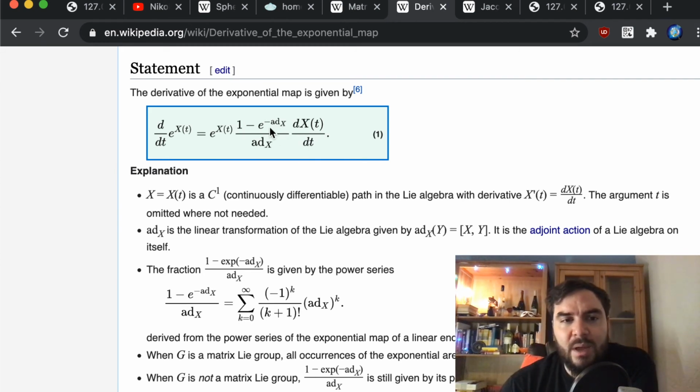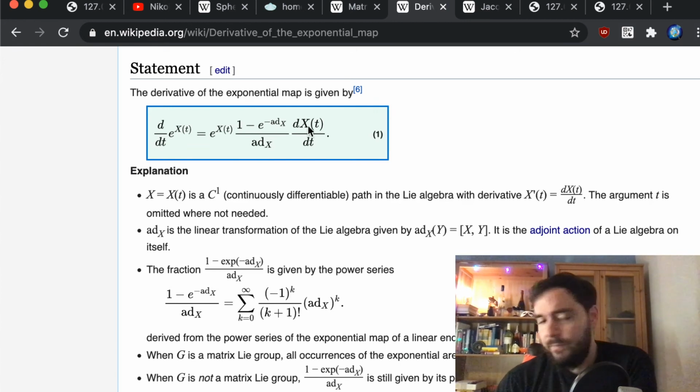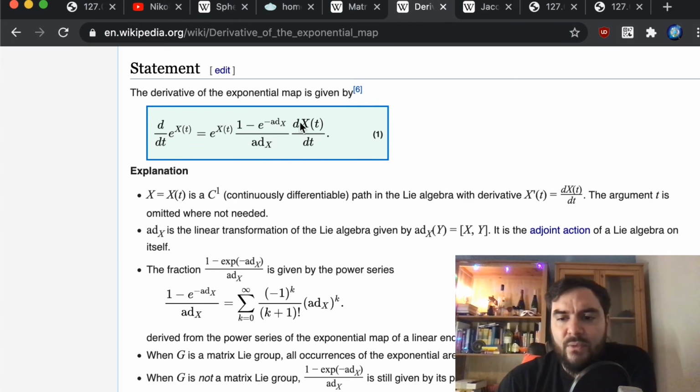It might be a little bit surprising, of course. Let's say the matrix X is just a 1 times 1 matrix, just f of x. Then of course the derivative of e to the power of f of x is just e to the power of f of x times the derivative of f.